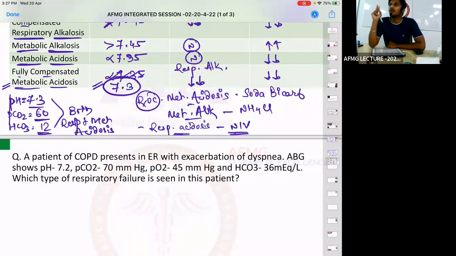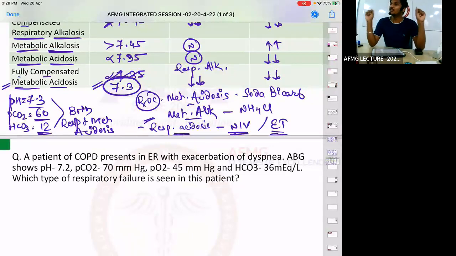First line would be non-invasive ventilation. If it is acidosis, I will try to increase the respiratory rate, so CO2 will be washed out of the body. And if it is respiratory alkalosis, then I will give low flow oxygen to the patient. Remember, it is either non-invasive ventilation or endotracheal intubation.